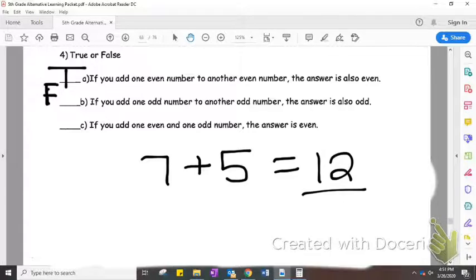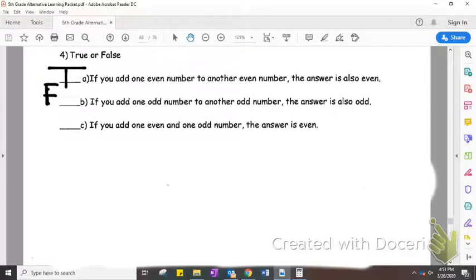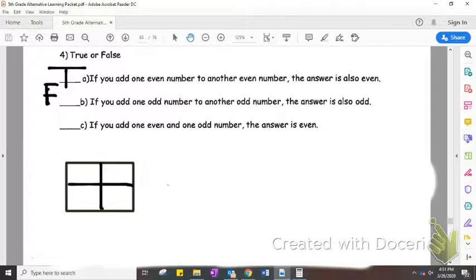Let's think about odd and even from the perspective of an array. Let's do 5 plus 7. So there's 5. We know it's odd because of this square right here. It doesn't have a pair, the odd man out, so to speak.